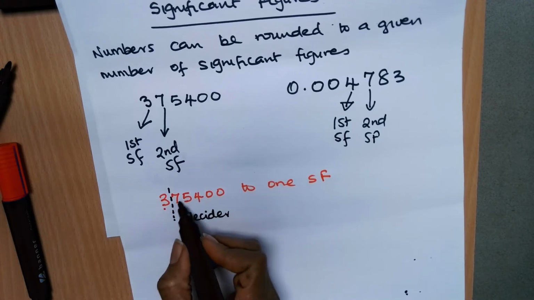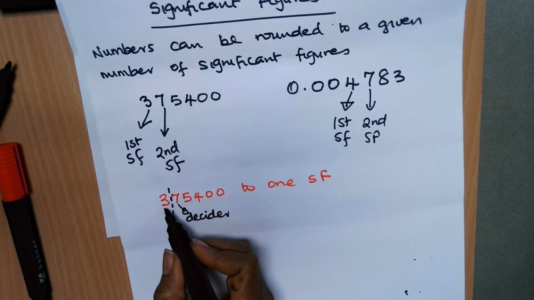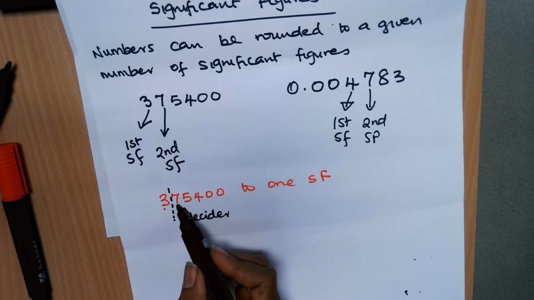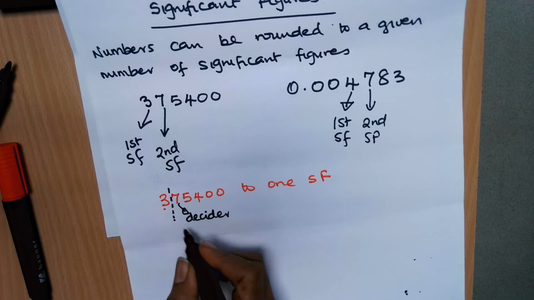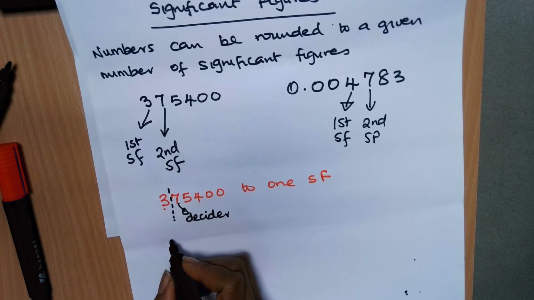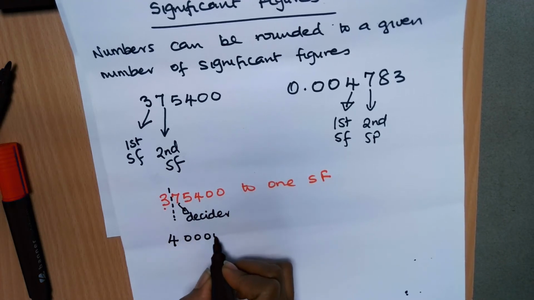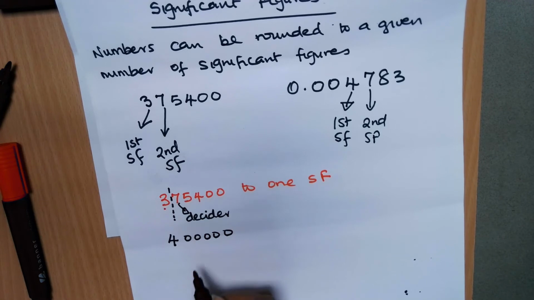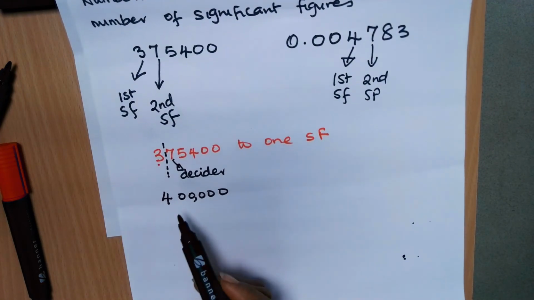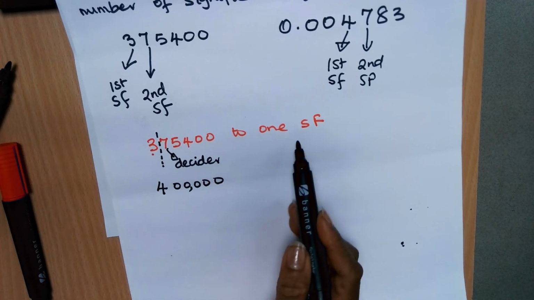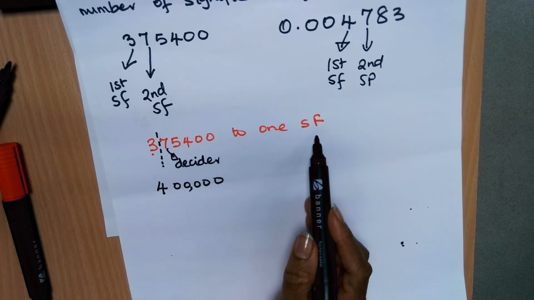So this decides what happens to number 3. Because it's 7, so it's more than 5, we're going to round up. So if we're rounding up, it's going to be 4, and then the rest of the numbers become 0. So we have successfully rounded this to one significant figure.